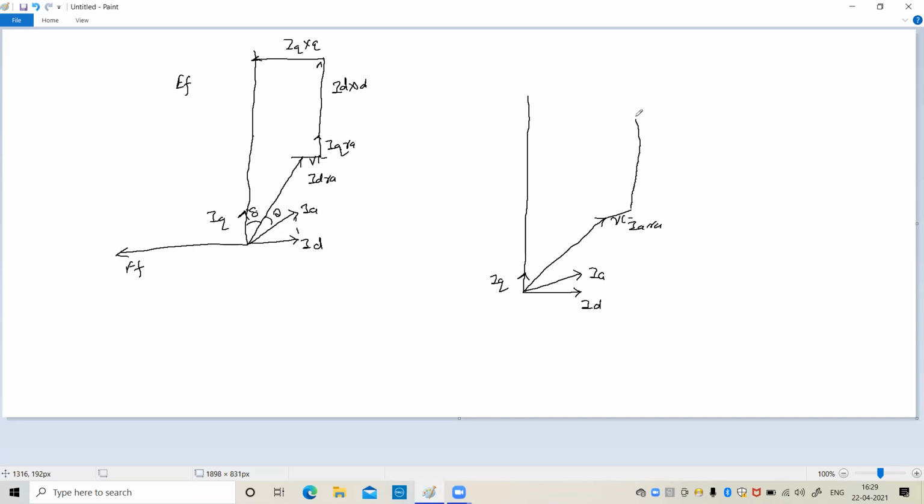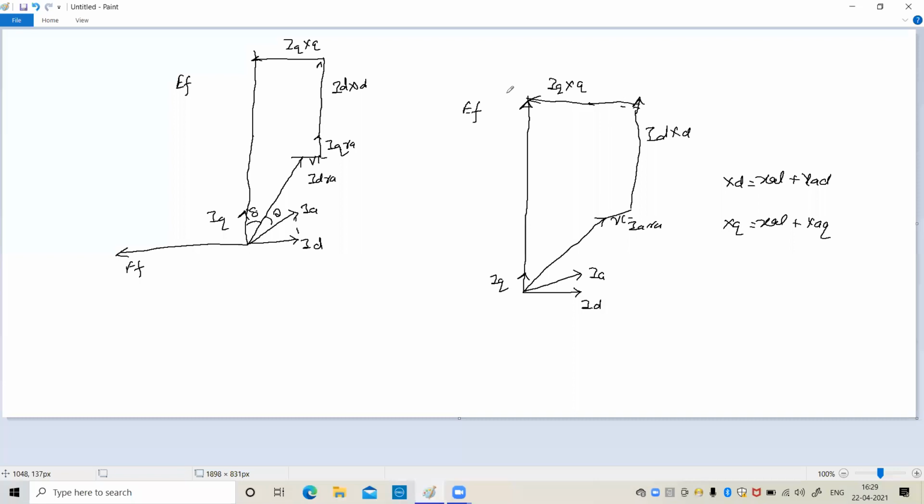Then it is IDXD, where XD is equal to XAL plus XAD, and XQ is equal to XAL plus XAQ. So this much part, and this is IQXQ, and this is your excitation voltage EF.